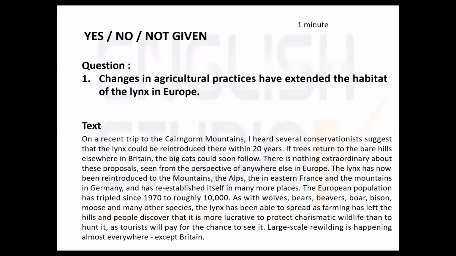You should write the complete words: yes, no, not given. If you write the short form, it will likely be incorrect. Okay, so here's the task. You have 1 minute. Your time starts now. Send me your answer through chat privately.